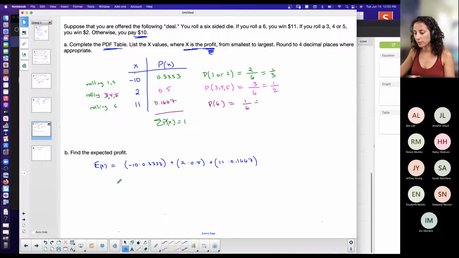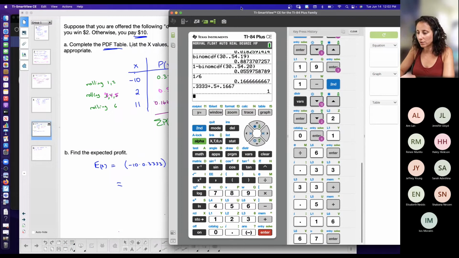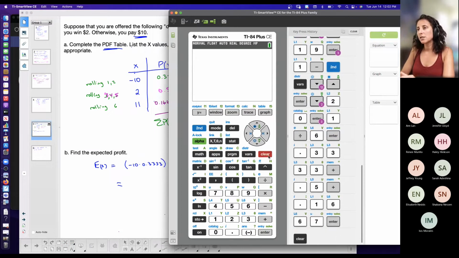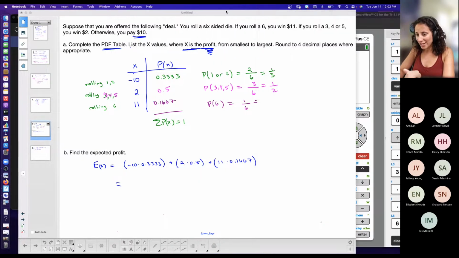That's all the formula is asking you to do. Multiply each of these and then add them all up. So multiply your rows and then add it up. I'm going to show you that, and then I'll show you how you can also do it on the graphing calculator because it applies to something we did before, which I'll refresh your memory on.